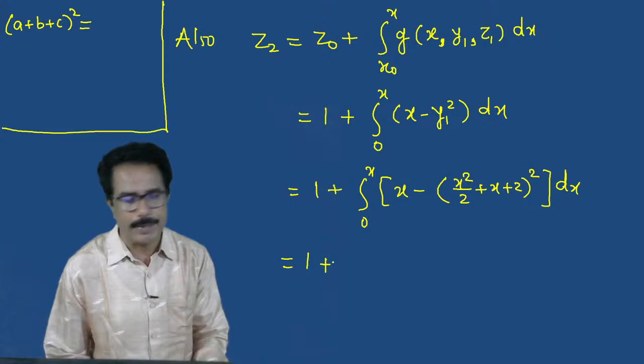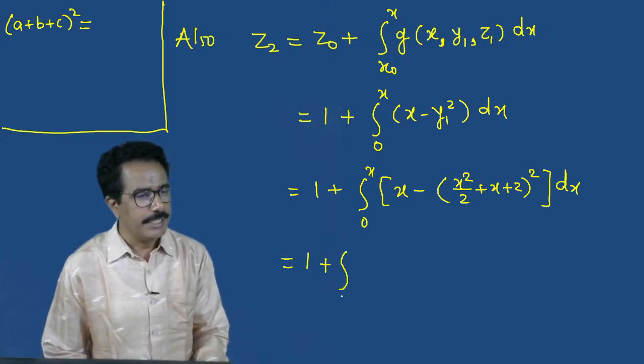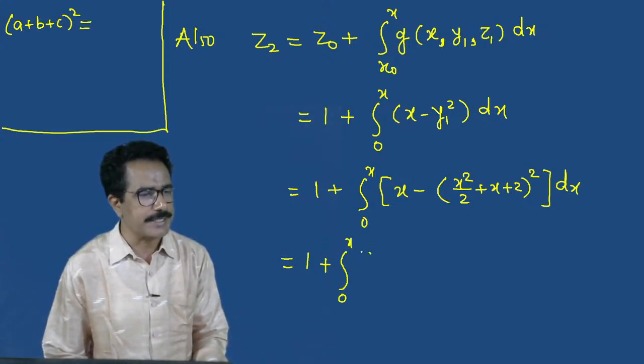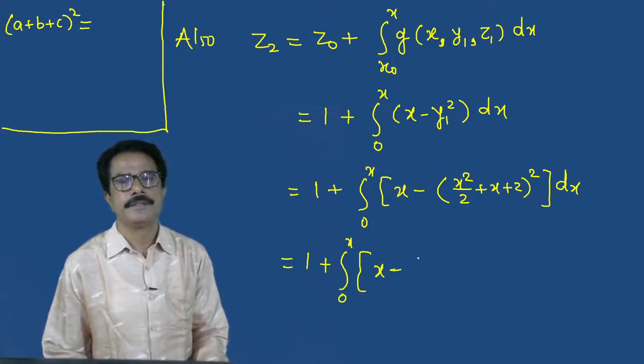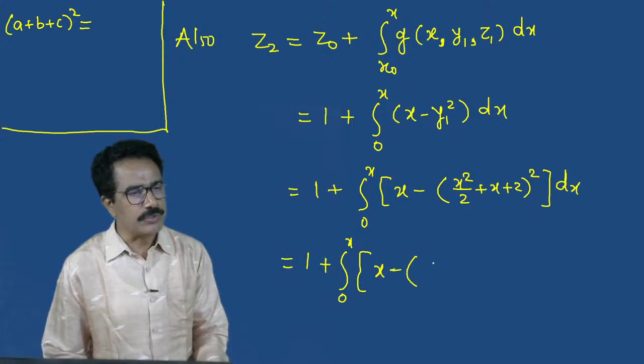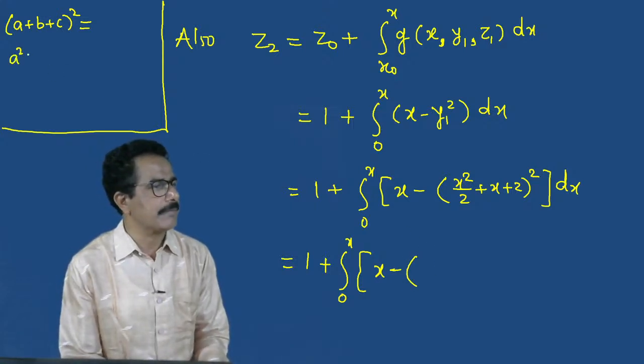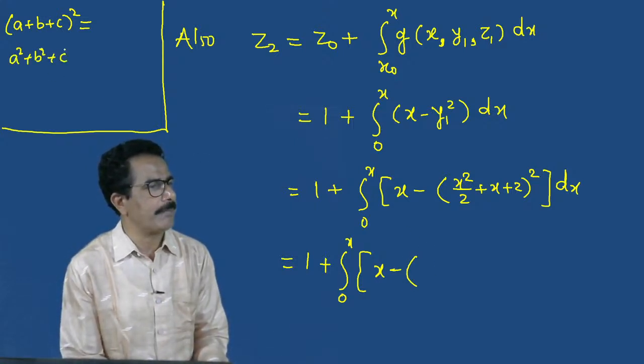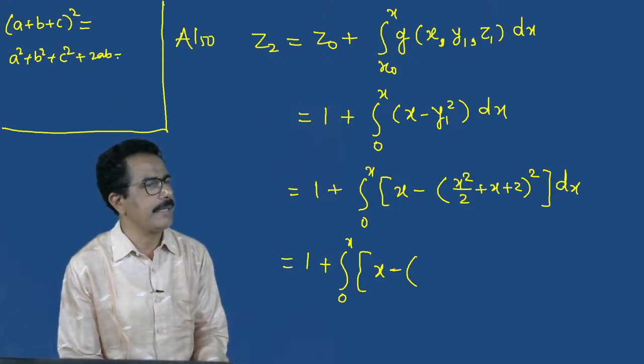So 1 plus the integral from 0 to x of x minus, okay, now use a square plus b square plus c square plus 2ab plus 2bc plus 2ac.